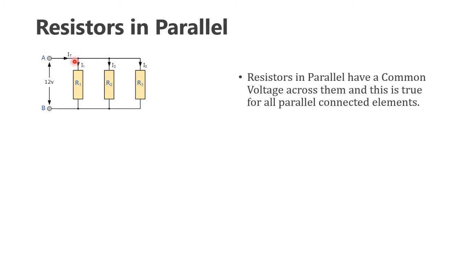The circuit current can take more than one path, as there are multiple paths for the current. Then parallel circuits are classed as current dividers.